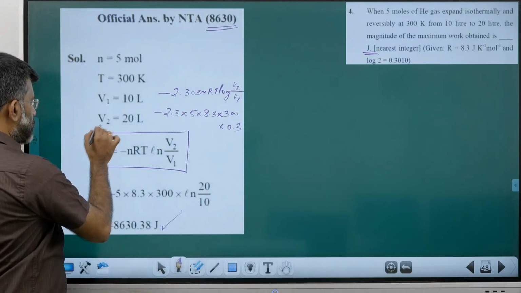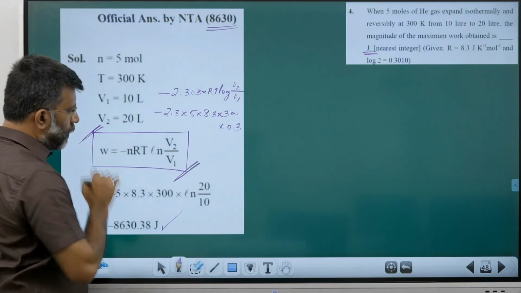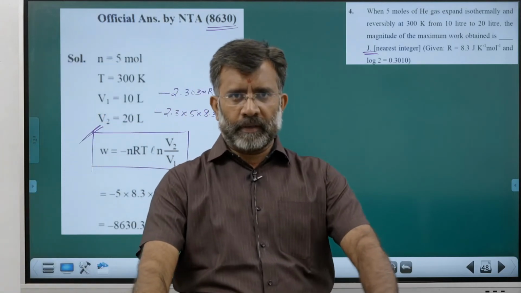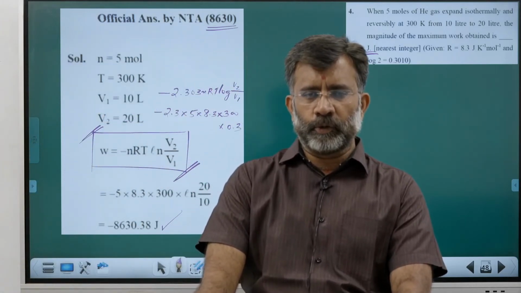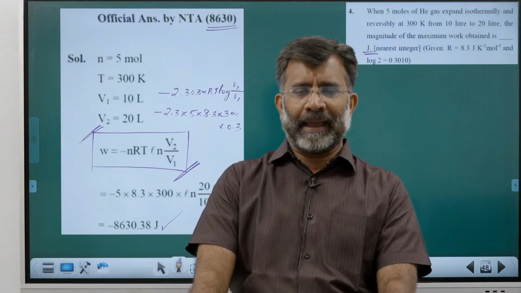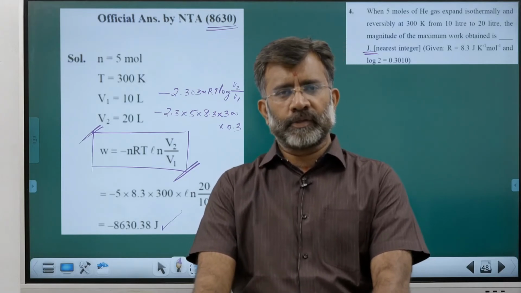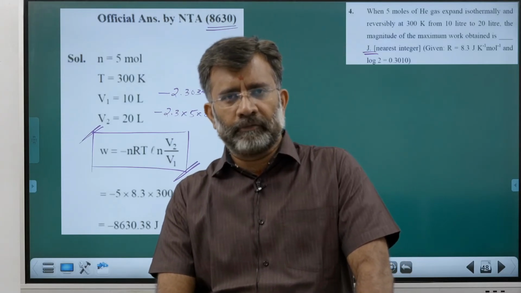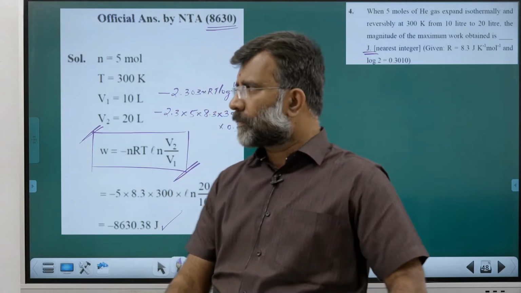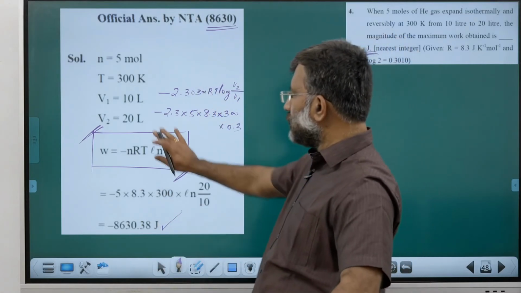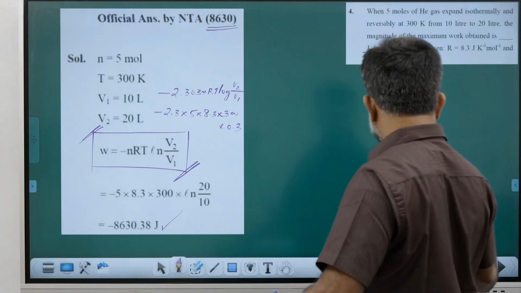And the formula is one of the most popular formulas that we make use of from the chapter thermodynamics, doing the problems on work done. Work done is minus 2.303 nRT log V2 by V1. Hope you remember the formula. Next.